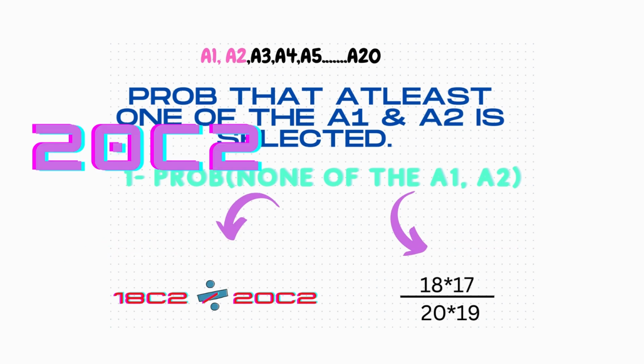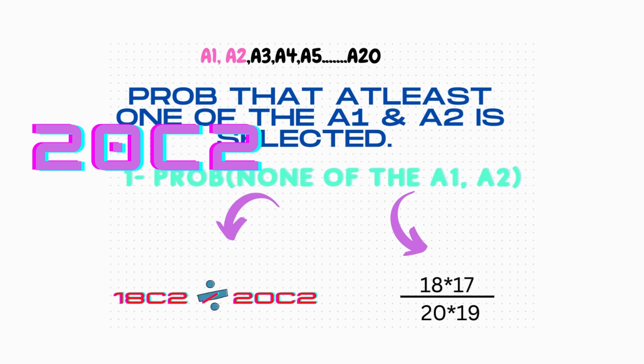The total ways of selecting two objects from 20 would be 20C2. That is the total sample space; you can select two objects out of the 20 in 20C2 ways.